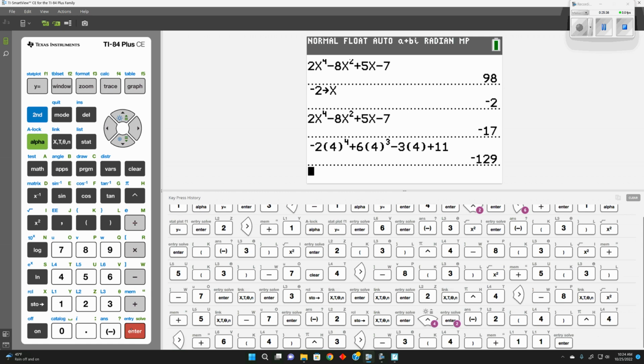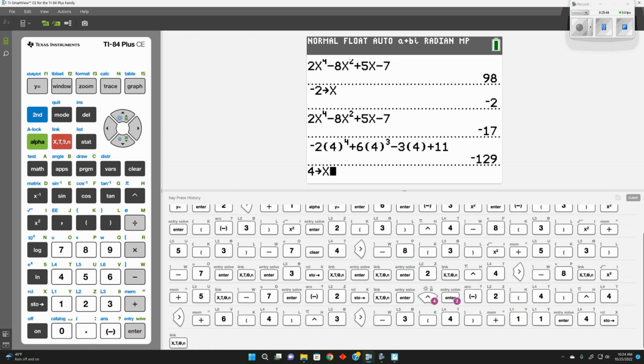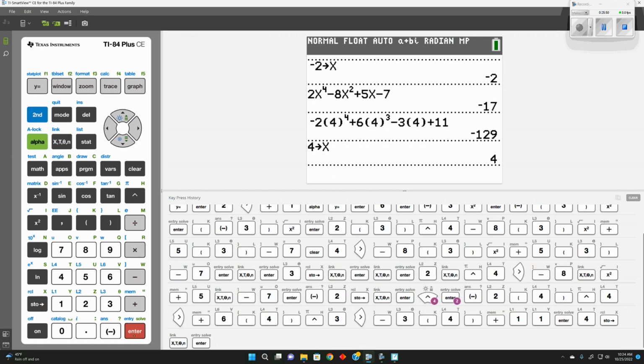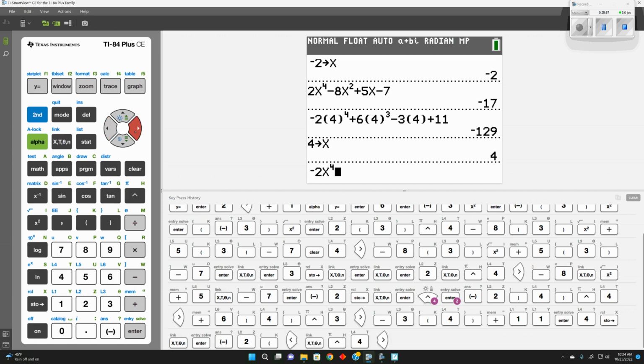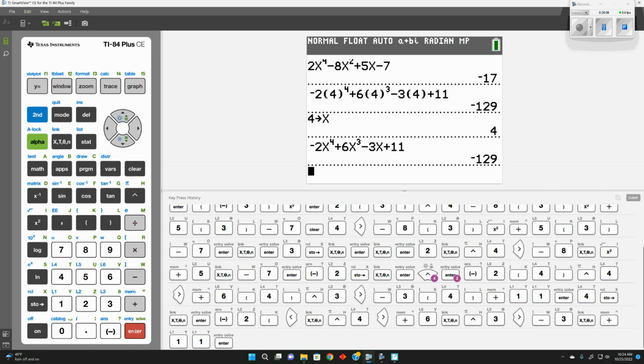Now the store feature is not just on the graphing calculators, it's on the 30XS. The other calculators do have it. Whenever we do that, we'll type the number, store the variable. -2, well, we don't need the parentheses, x to the 4th plus 6x to the 3rd minus 3x plus 11.